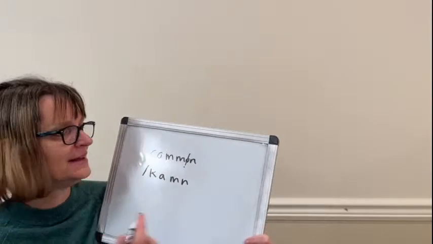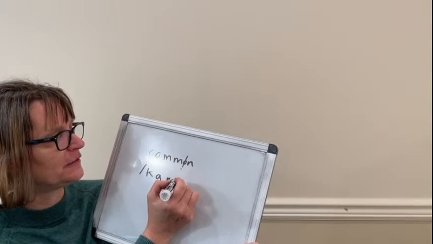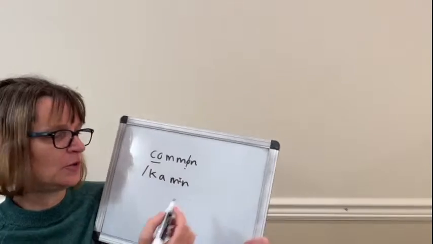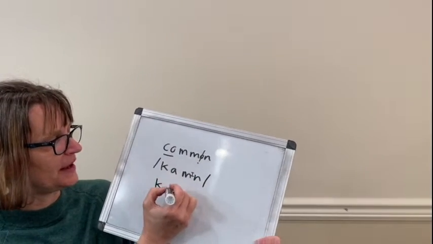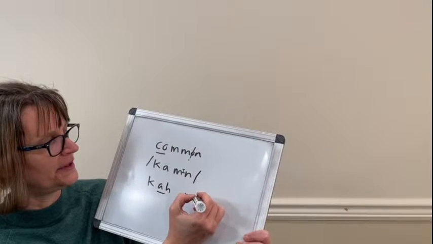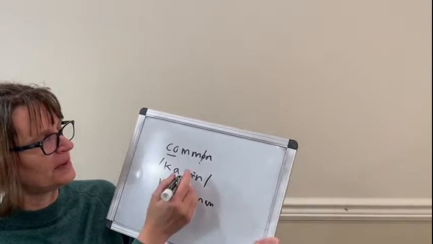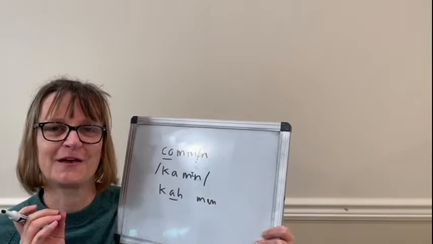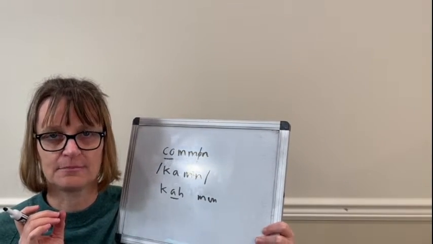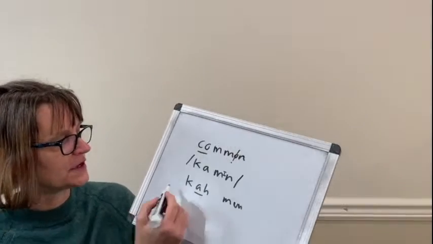You kind of have to put a little bit of a vowel in there, so an I or schwa would be good. But very little vowel. Try to go as quickly as you can from the m to the n. Common. Versus come on.